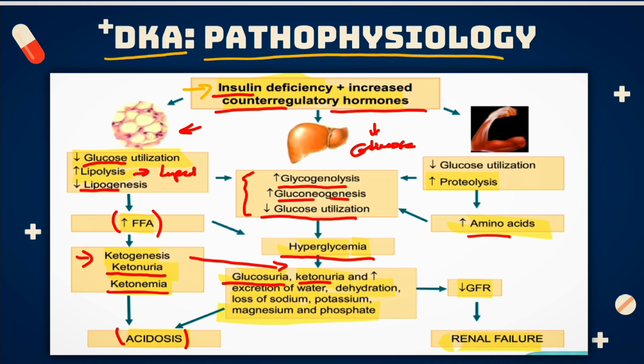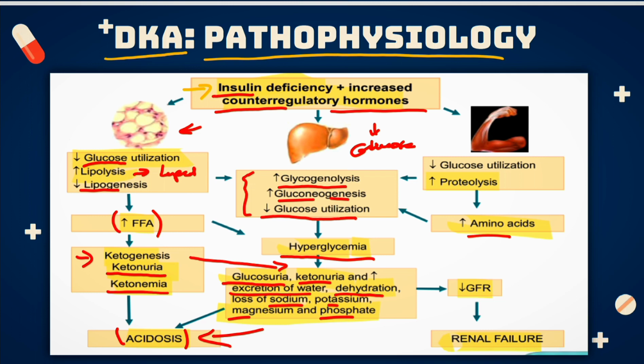Also, because of this glucosuria, glucose is going into the urine, so there is increased excretion of water in urine as well, and these conditions cause dehydration as well as loss of some other electrolytes like sodium, potassium, magnesium and phosphate from the body. This loss of magnesium and phosphate in urine again contributes to the metabolic acidosis condition of the body.